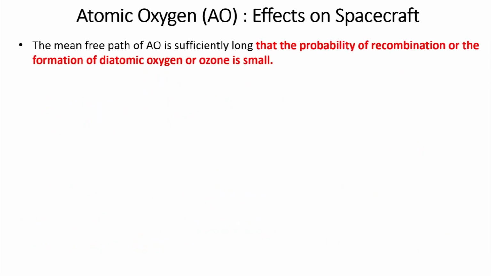As I already said, the mean free path of atomic oxygen is sufficiently long. So, the probability of recombination, the formation of diatomic oxygen or ozone, is very small, because here the recombination rate is very slow.